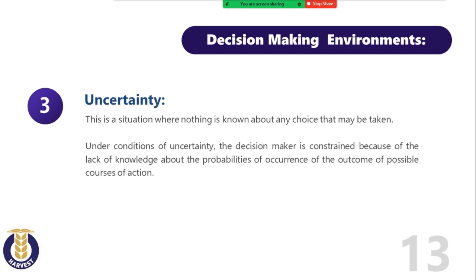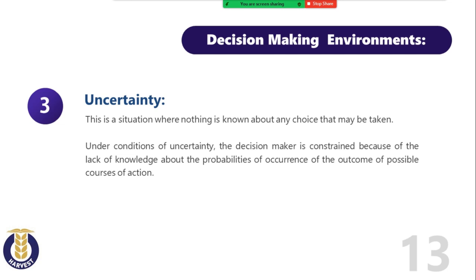Okay? So under conditions of uncertainty, the decision maker is constrained because of lack of knowledge about the probabilities of occurrence, and of course the outcomes of possible courses of action can be understood if you get more information, because nothing is known about the various courses of action.